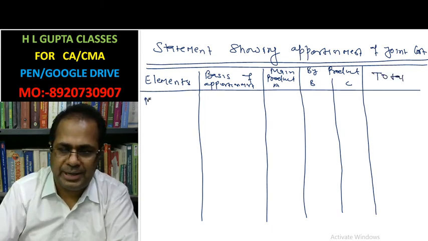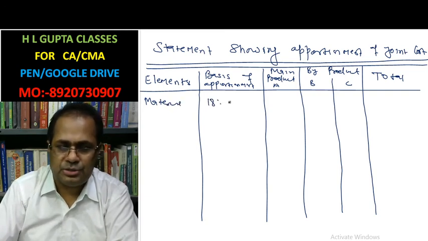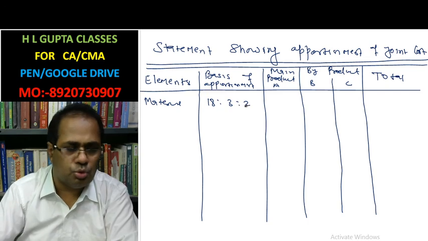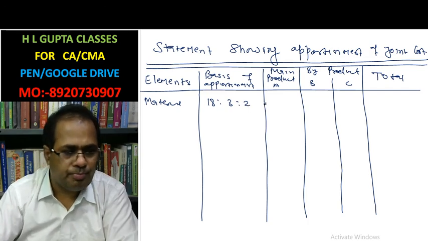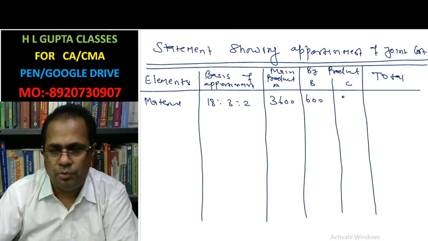This is the material: 18 is to 3 is to 2, that equals 3600, 600, 400, total 4600.